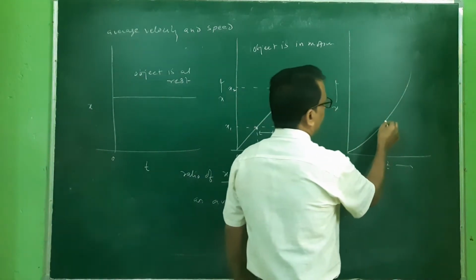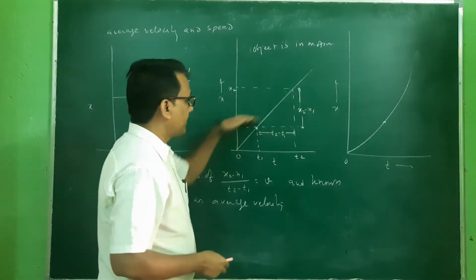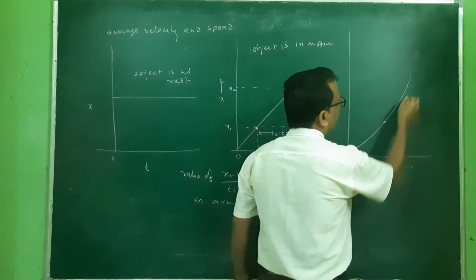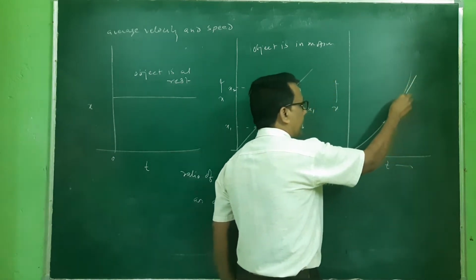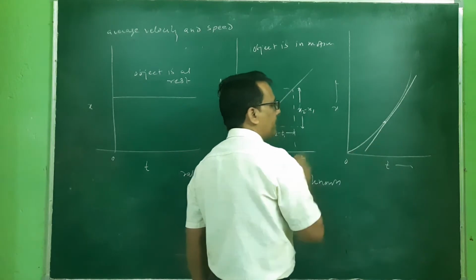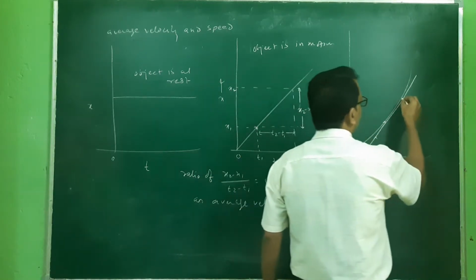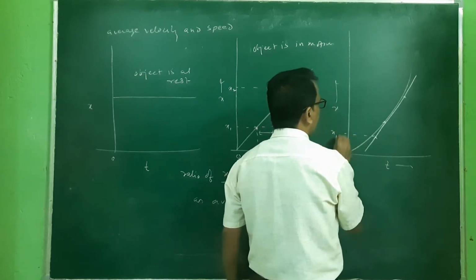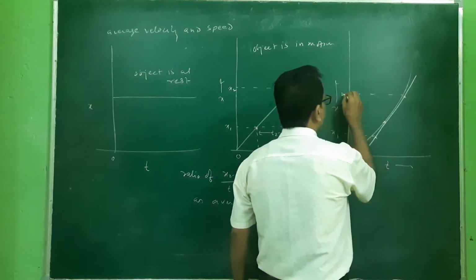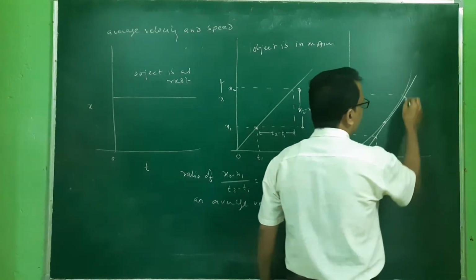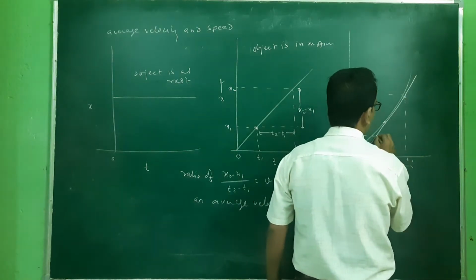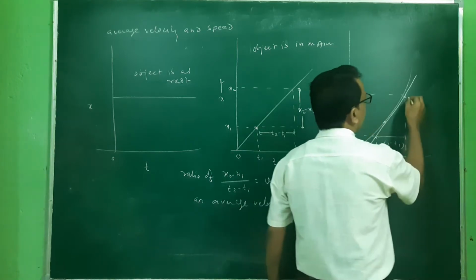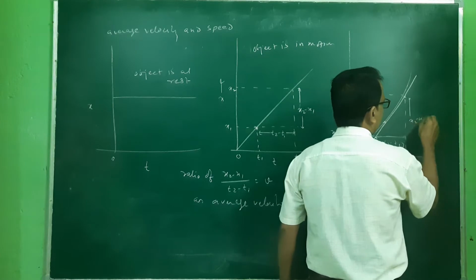The same is also true for this curve, but instead of a straight line, we have a curve like this. Then we take a tangential line passing through this particular point, and we can take two points, x1 and x2, at times t1 and t2. Then this is t2 minus t1 and this is x2 minus x1.